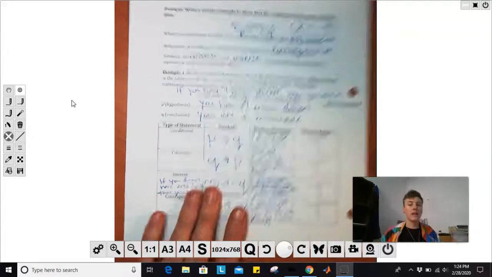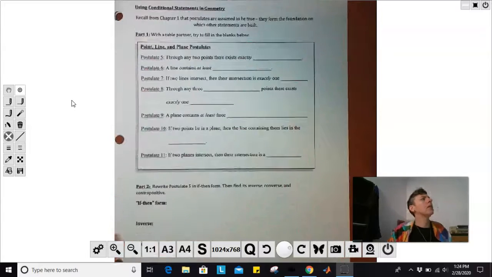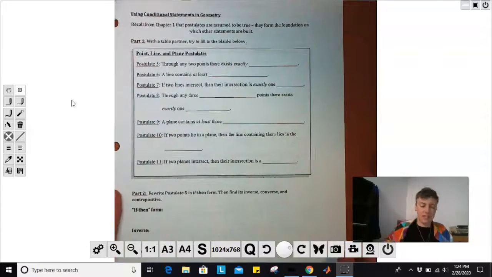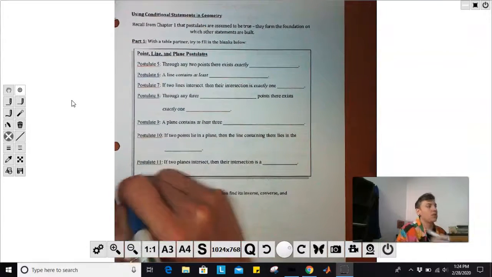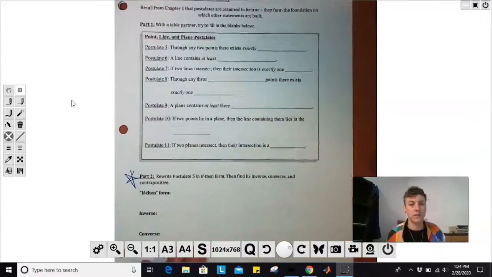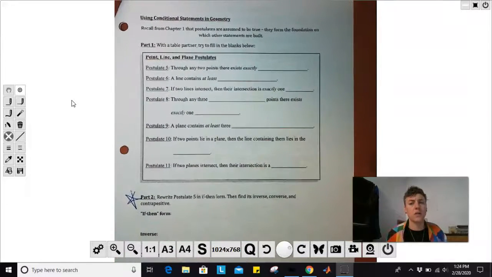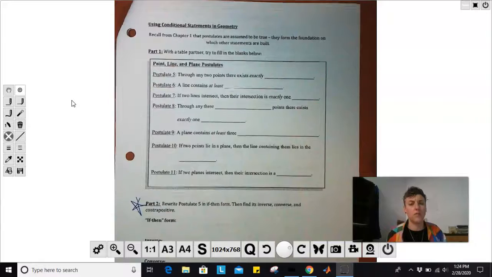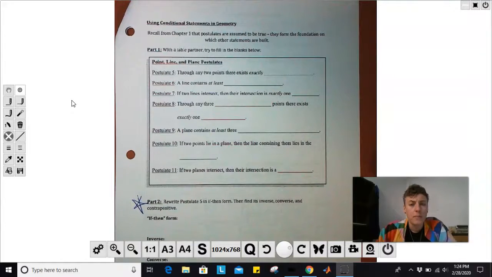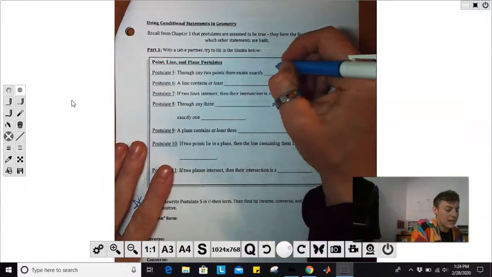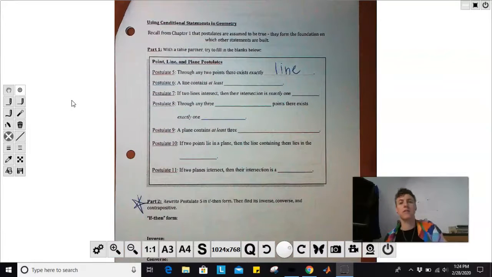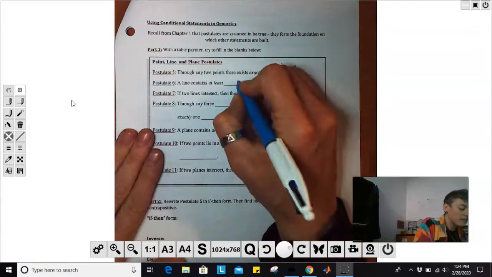Okay, cool. To the back. We're going to do these real quick together, and then you are going to do part 2 for your homework. Okay. Thinking back to early geometry stuff, way back when. Postulate number 5: through any 2 points exists exactly one line. And the opposite of that, a line contains at least 2 points.